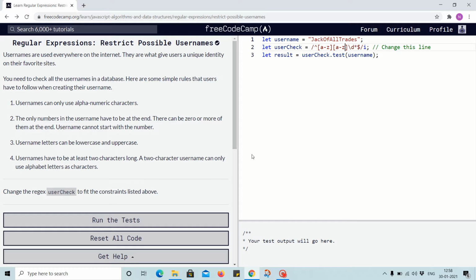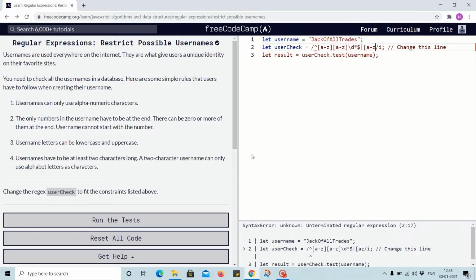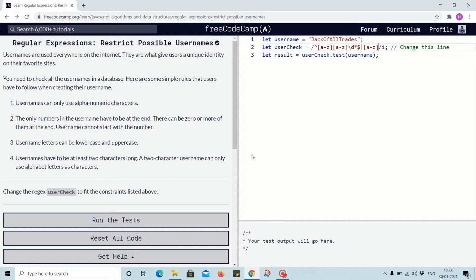In case of 3 characters, we have an or for that, a hyphen z, where there is a digit at the second place and a digit at the third place, and we should end it with a dollar symbol.